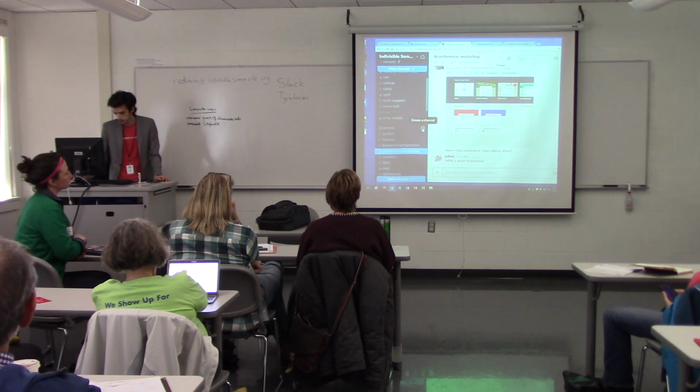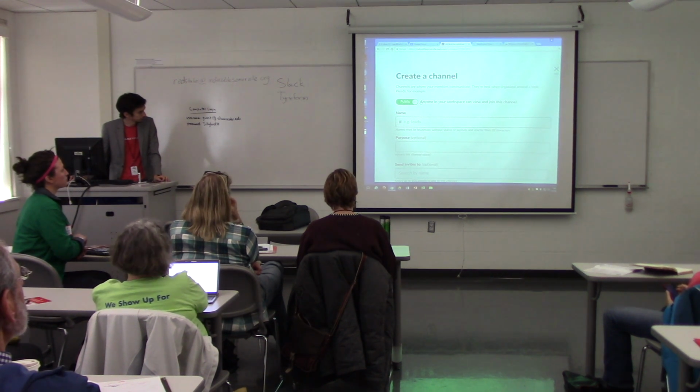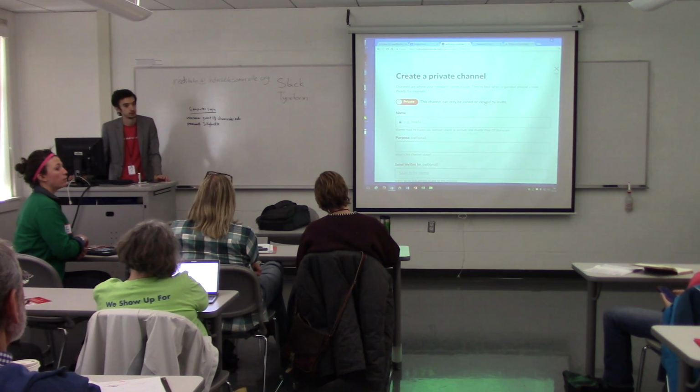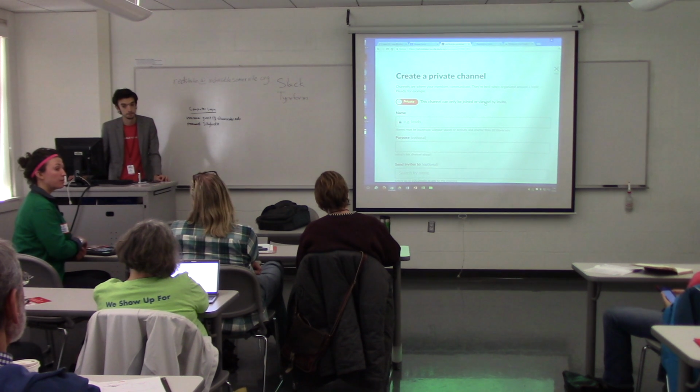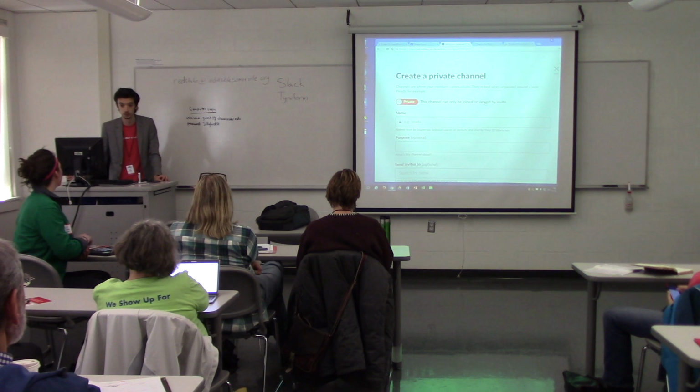There's a little toggle up here called public. If I make that private, it says this channel can only be joined or viewed by invite. One thing I'll point out is that anyone can create a channel, but to create a private one, you have to be an admin.